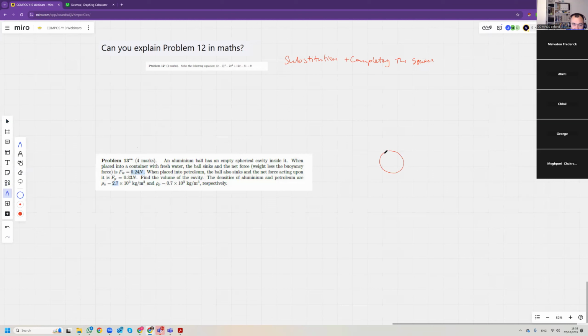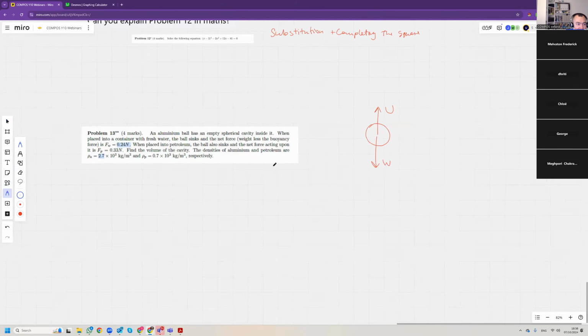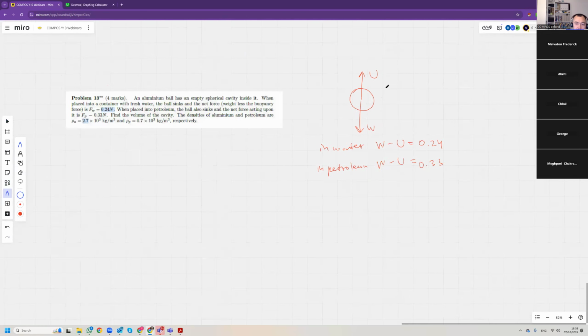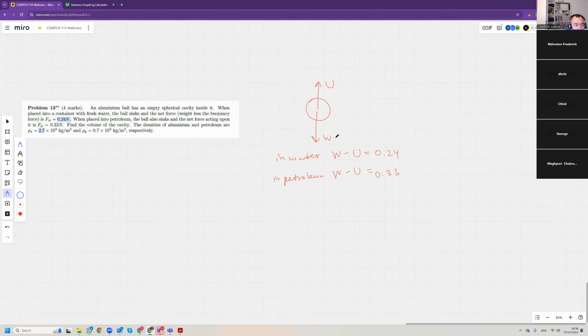So you have the weight and the buoyancy force, the upthrust, and they're saying in fresh water, the weight minus upthrust is 0.24, and in petroleum, weight minus upthrust is 0.33. Well, you just need to use the formula for the weight and the upthrust.